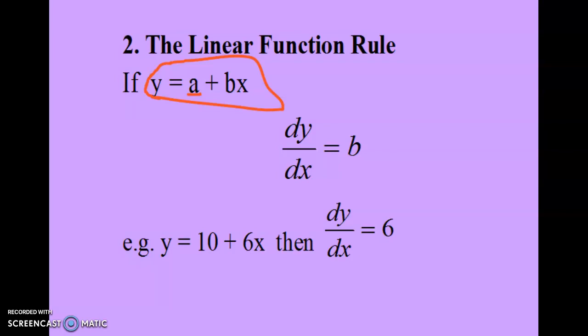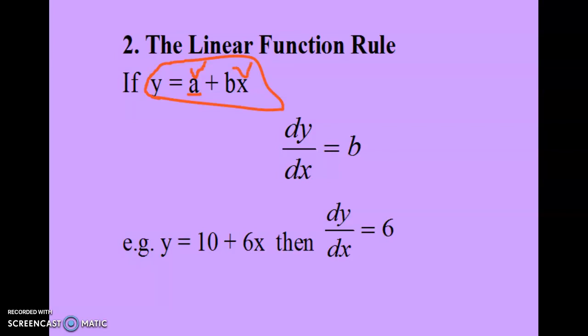If you have something like a plus bx, or two functions, maybe x squared plus 2x, you differentiate x squared, then you add the derivative of 2x. It's the same as in this case. We differentiate this one, then we add the derivative of this one.